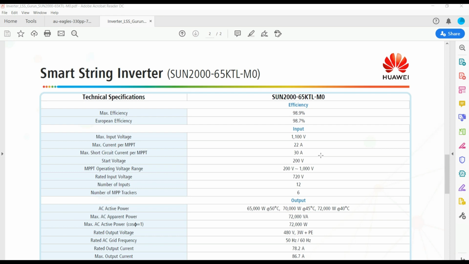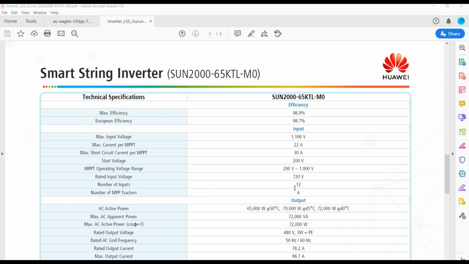And then what is the maximum input? 1100 volt. Okay. But the inverter will detect the maximum power point from the PV module within voltage 200 volt until 1000 volt. So the rated input voltage is 720 volt. Okay.